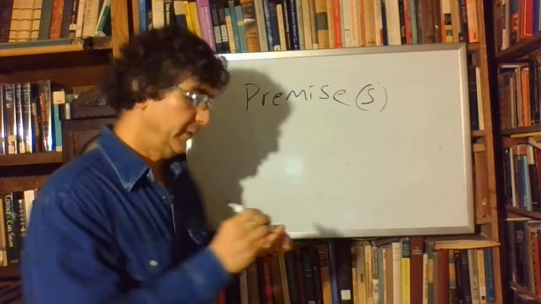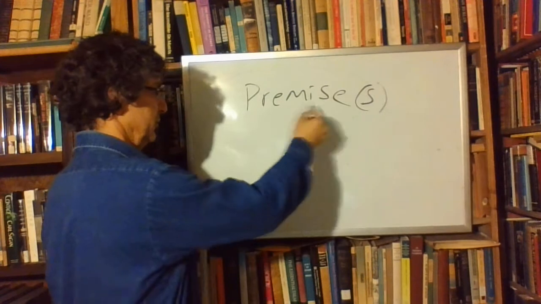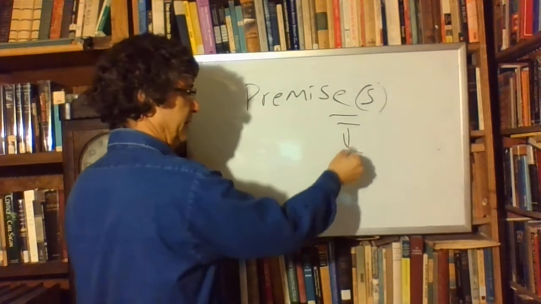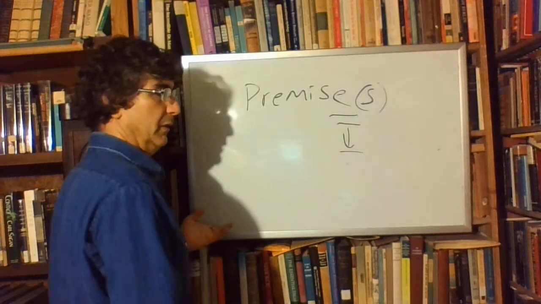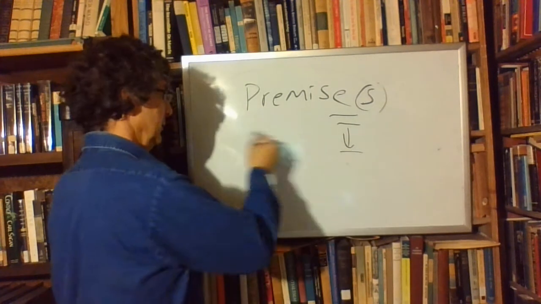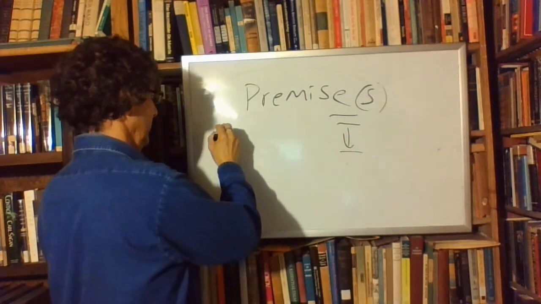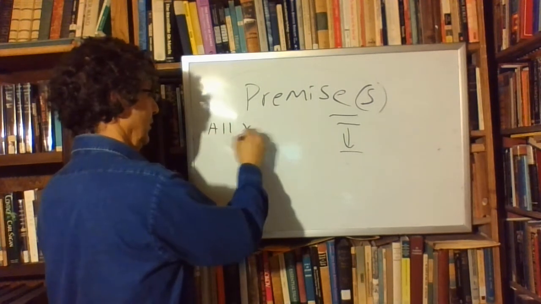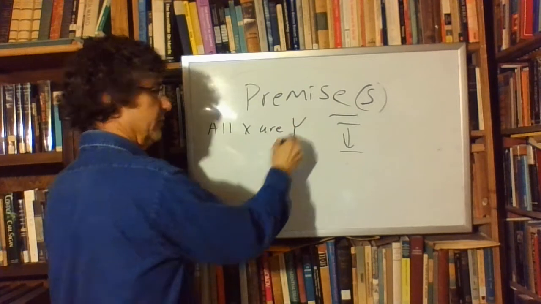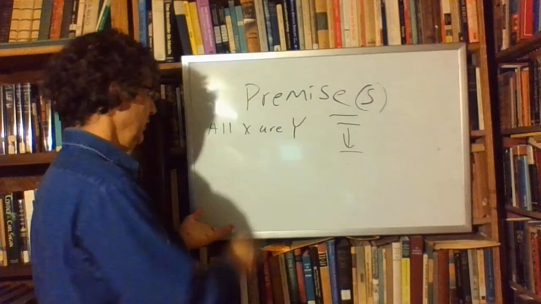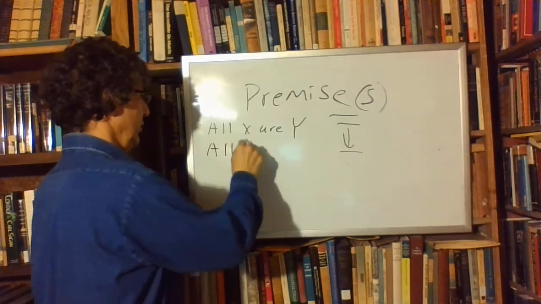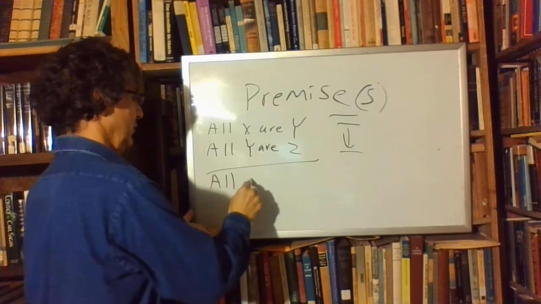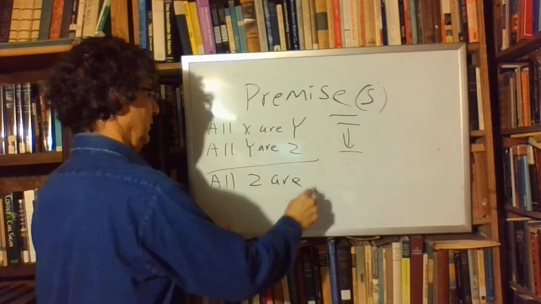When we speak of an argument, like earlier, I wrote a couple of lines which were premises and then a conclusion. The premises lead to the conclusion. Like if we said, let's see, all x are y, if I just use such variables there. And then I said something like, all y are z, conclusion, therefore all z are x.